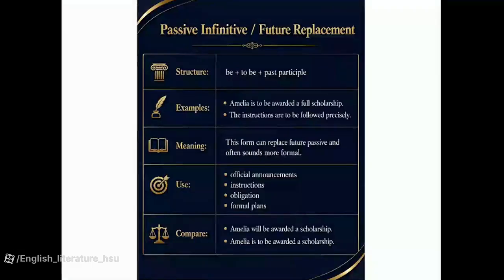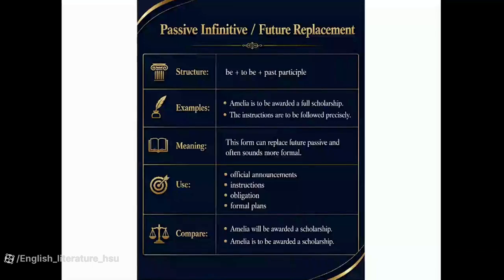Okay, passive infinitive or future replacement. What's this? This form can replace future passive and often sounds more formal. Okay, its structure is be plus to be plus past participle. For example, look at this sentence. Emilia will be awarded a scholarship. We can say Emilia is to be awarded a scholarship. Okay, is to be awarded.